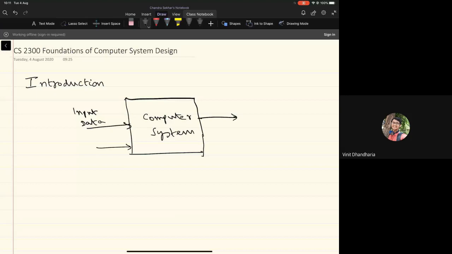Typically that will be in the form of a program, and after this program is executed on the data, we will get the output also in the form of data, which is typically what is called the processed data. Depending on the application, what we mean by this processed data will be different. This is a very generic picture of the functionality of a computer system.